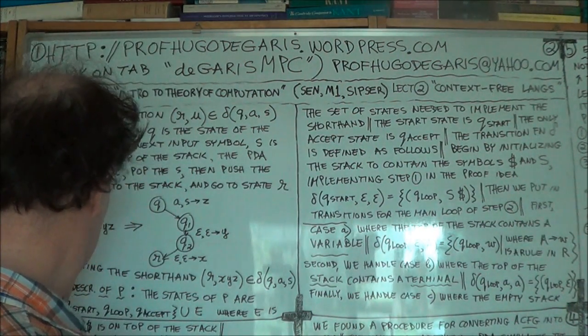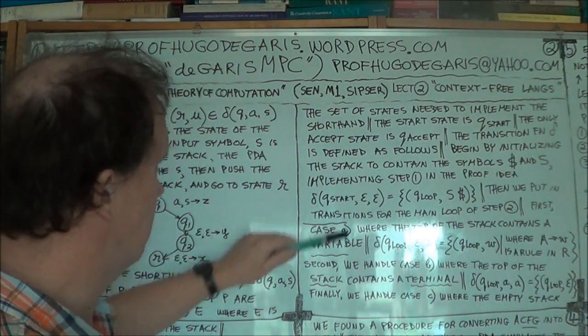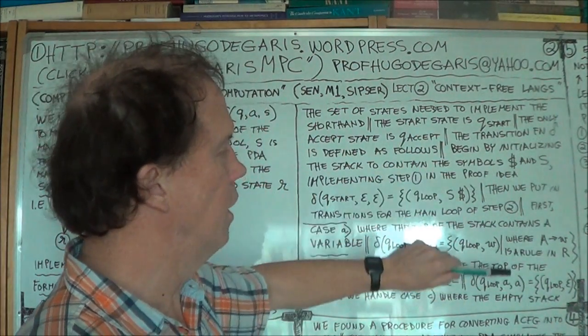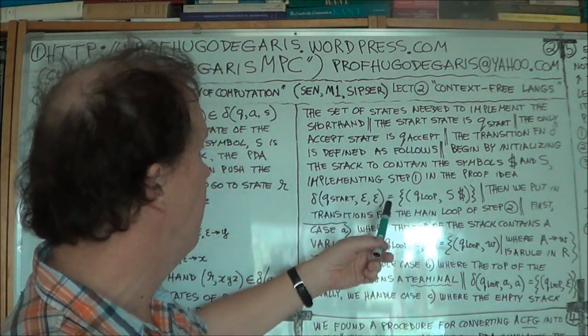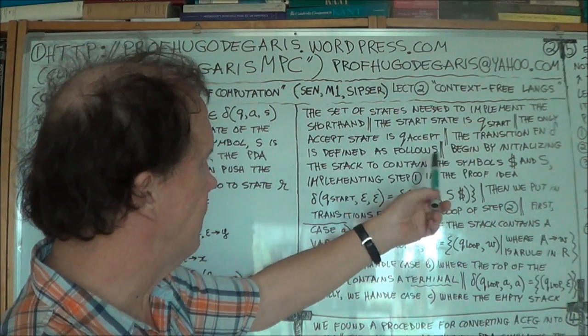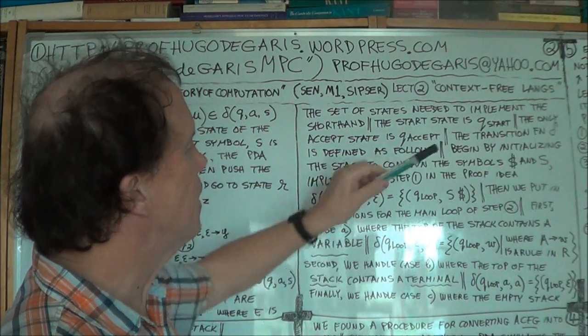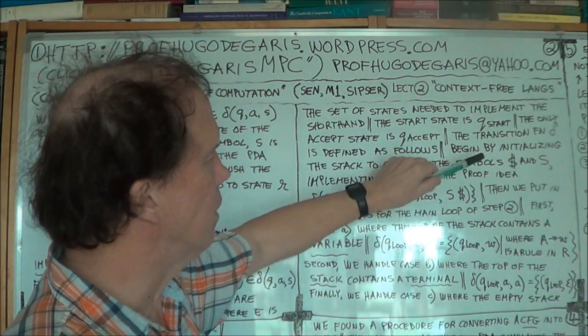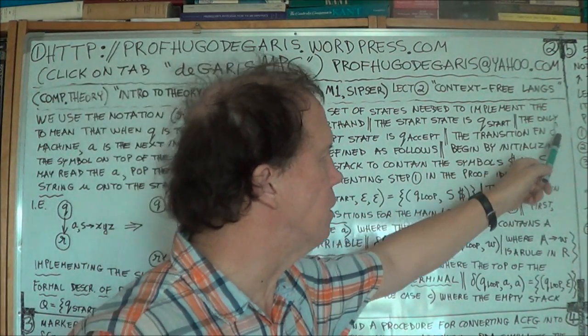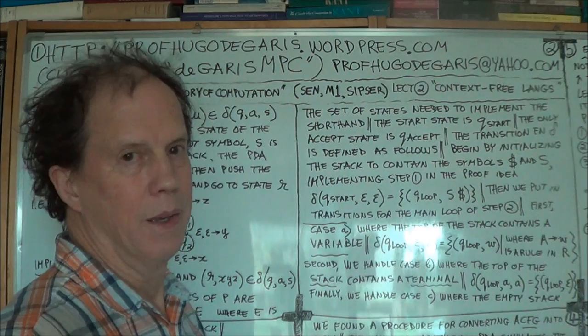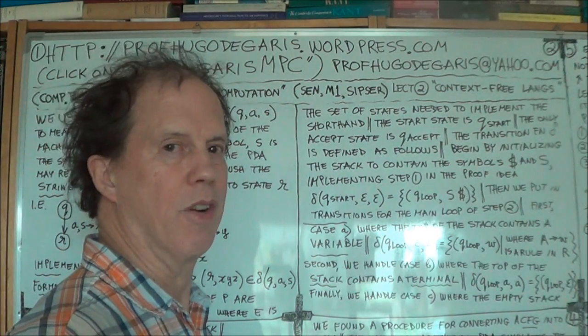Let's see how far we get. It's about another two half squares. Right. So as we go through this piece by piece, the delta, the transition function, will be described.